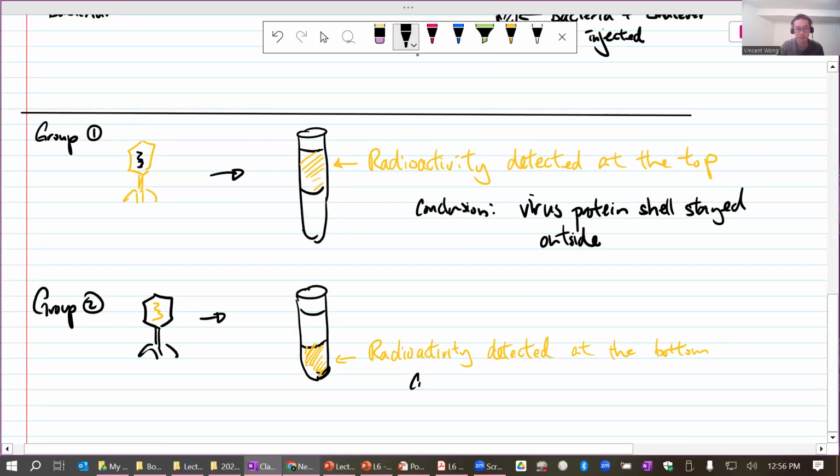Okay, conclusion. Virus DNA core, DNA essentially, went into the bacteria.